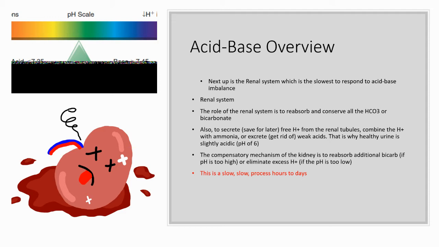It usually doesn't begin for at least 24 hours and will take sometimes days to work to correct an acid-base imbalance. And that's an important point, especially with the manifestation of underlying health problems, because we know that acid-base imbalance is not a disease, but there's something else going on that's causing the acid-base imbalance.